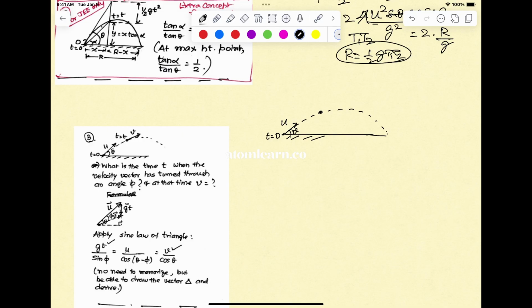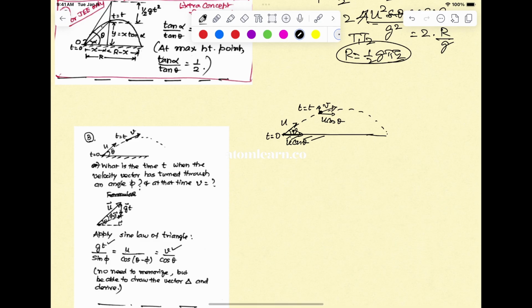At this point the velocity is v, at time t. As we know, the horizontal component of velocity remains the same everywhere. This is u cos theta, and this also is u cos theta. Whereas the vertical component is reducing because of gt, and therefore it keeps changing.